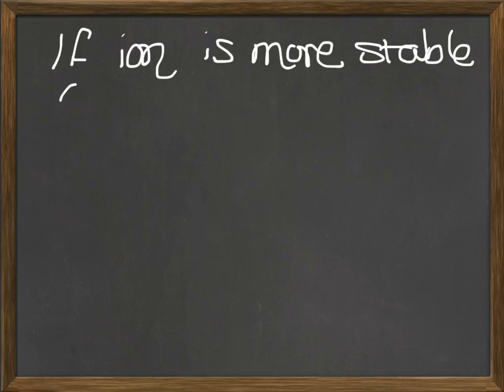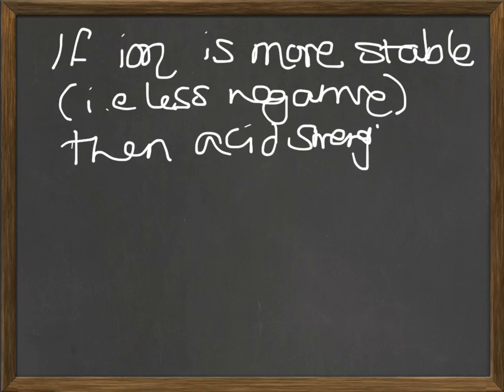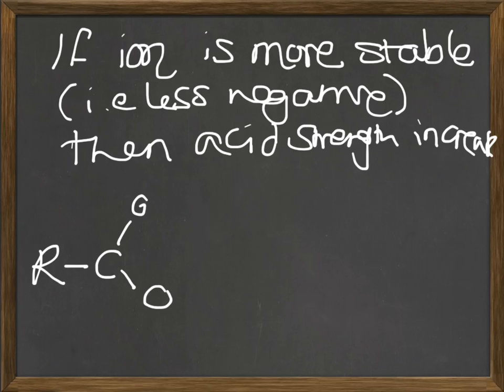If the carboxylate ion is more stable, so less negative, less reactive, then your acid strength is going to be more. It's going to be a stronger acid. It's going to dissociate more readily. You're going to form that negative ion with more ease, therefore releasing those protons. So it's a good proton donor.